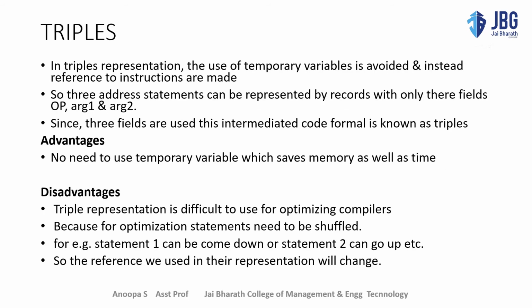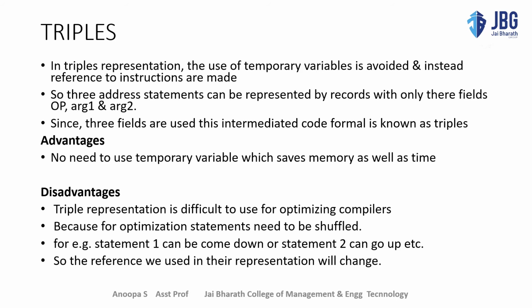So next type of representation is triples. From the name we can understand triple means only three values. In triple representation, use of temporary variables is avoided, and instead a reference to instructions is made. In the previous slide we have seen location, right? So that reference is only used.